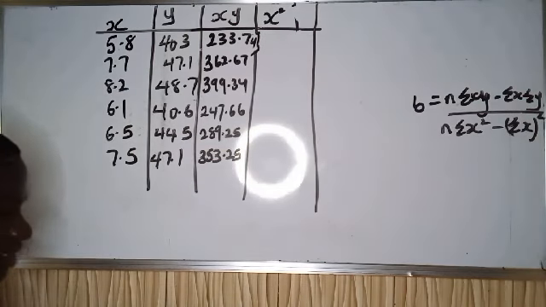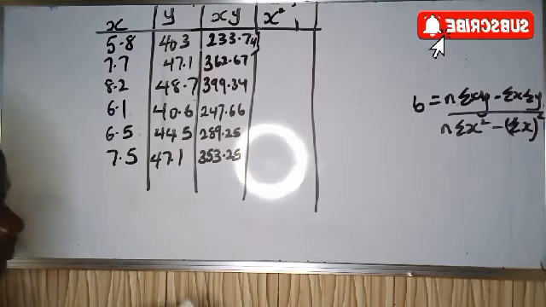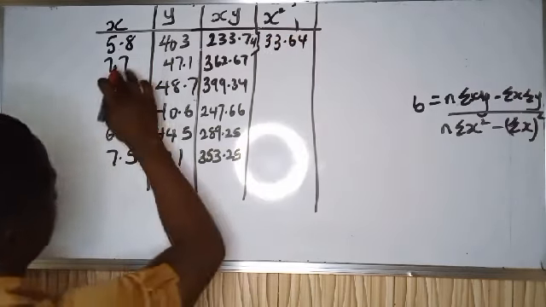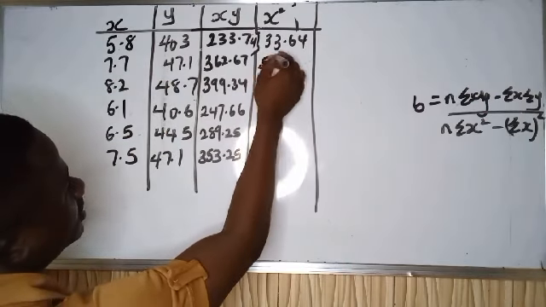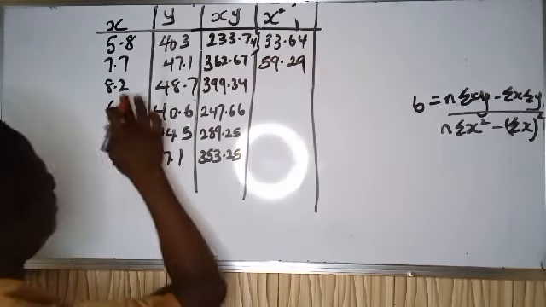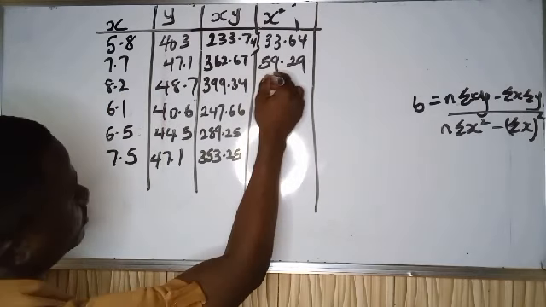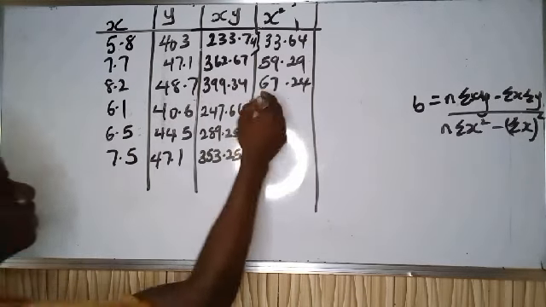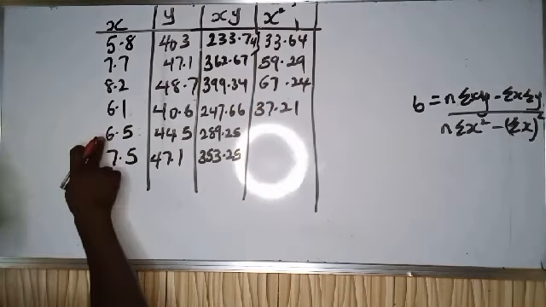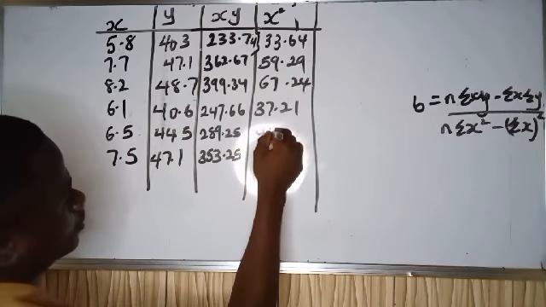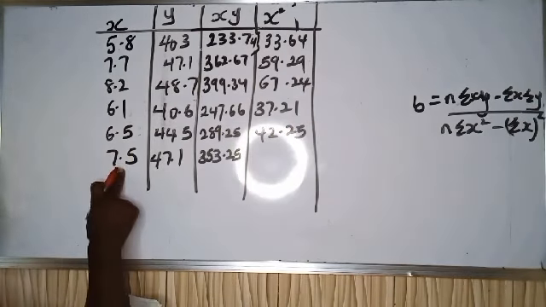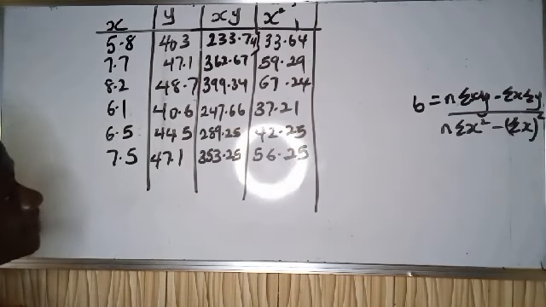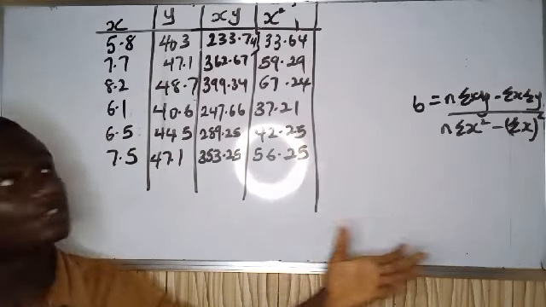So finding x squared, 5.8 squared gives us 33.64. 7.7 squared gives us 59.29. 8.2 squared gives us 67.24. Then 6.1 squared will give us 37.21. 6.5 squared will give us 42.25. And 7.5 squared will give us 56.25.